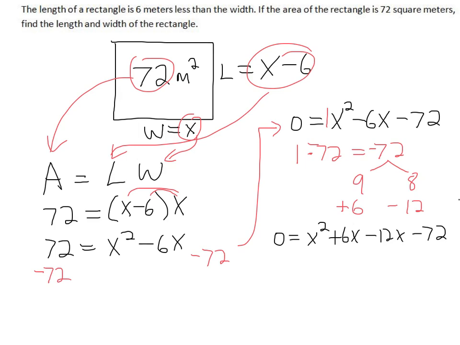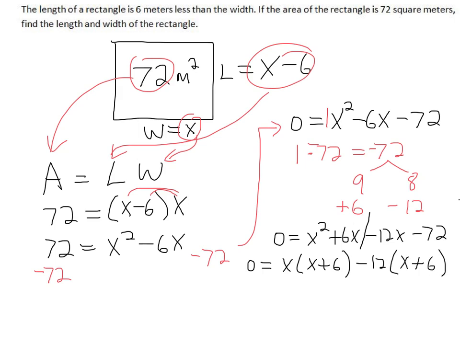Now I'm going to factor by grouping. Out of the first, I'll pull out an x, leaving x plus 6. Now our second term has a negative in front of it. Anytime you have a negative in the first piece you're trying to factor, you want to factor out that negative. So I'm going to factor out negative 12, leaving me x plus 6.